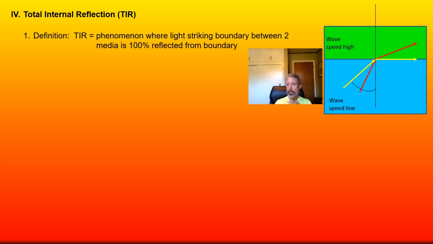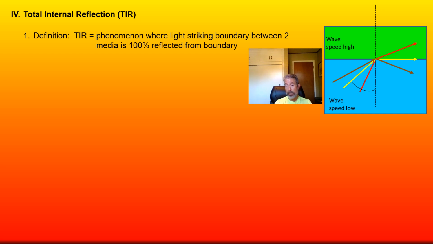So you can imagine that for any light ray traveling from the blue medium into the green medium here that has an incident angle greater than the angle I'm showing here, what we call the critical angle, for any angle of incidence greater than this special case for the yellow ray, now we would expect that the refraction would be so extreme that the refracted ray would actually lie in the initial or incident medium.